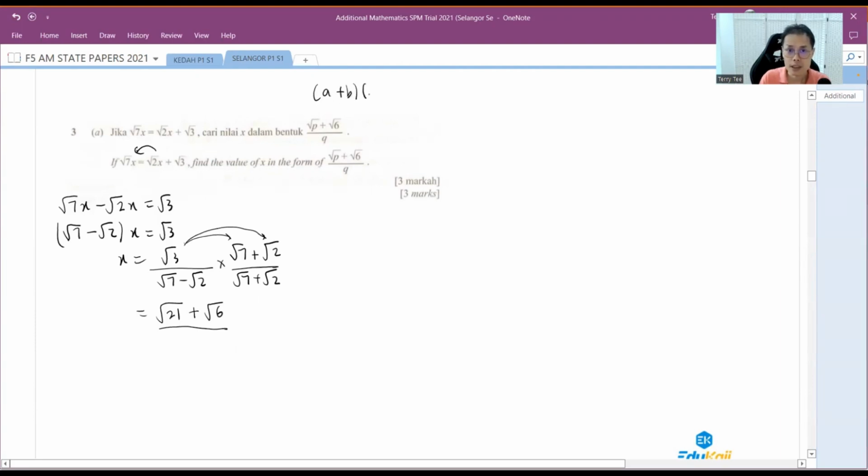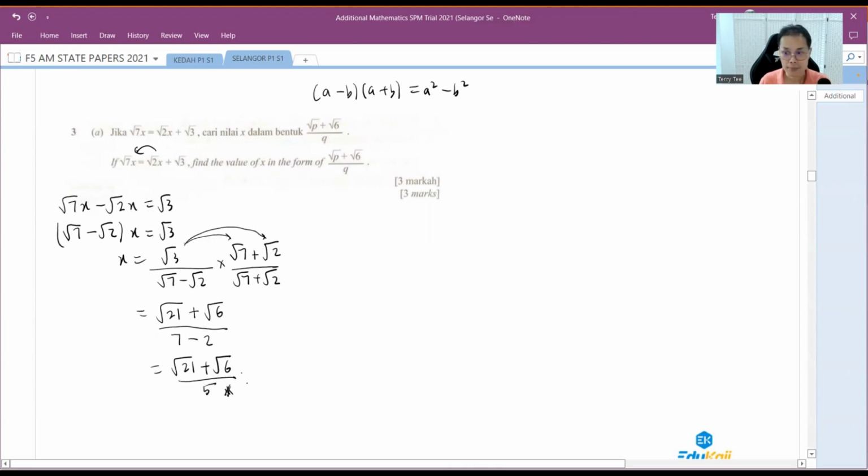So a minus b, a plus b. When you expand, it is a squared minus b squared. So I need to square this, right? So I have to put square root 7 squared, which is 7. Square root 2 squared is going to give us 2. Answer: square root 21 plus square root 6, divided by 5. Right? So there you go.